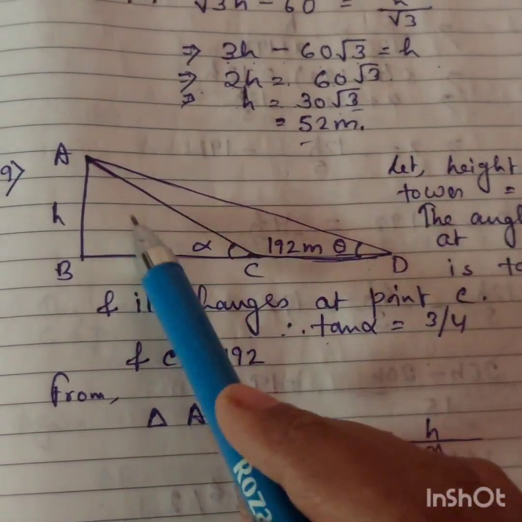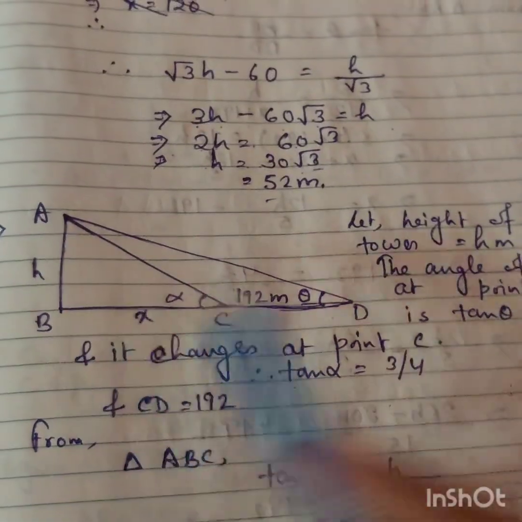So let the height of the tower be AB, that is h.